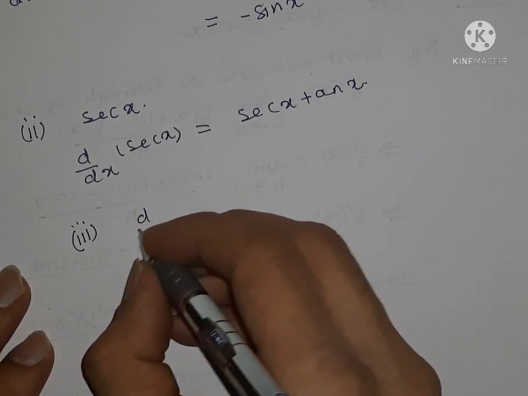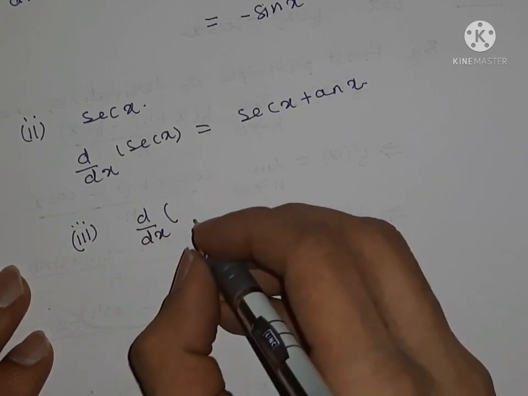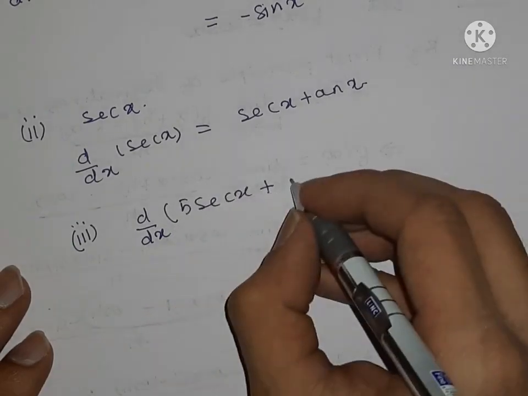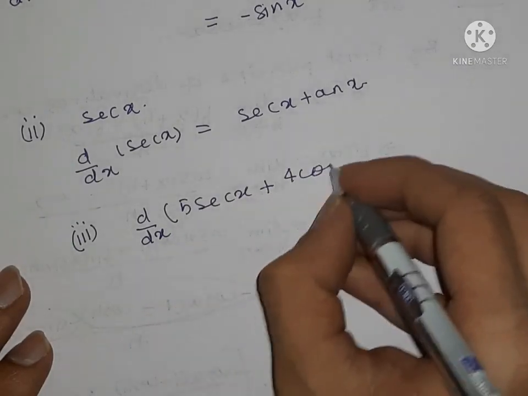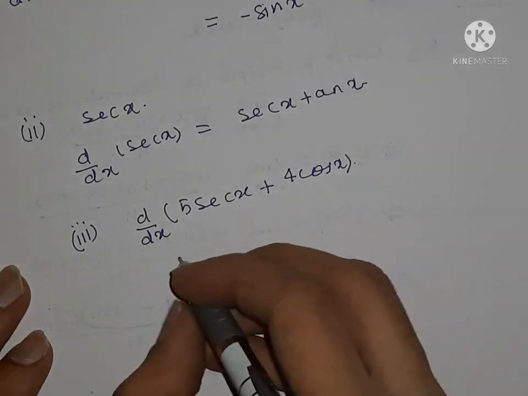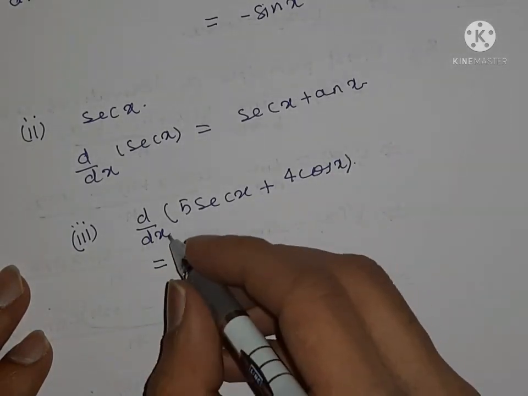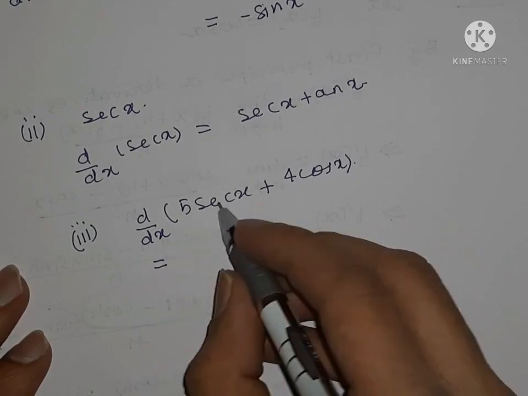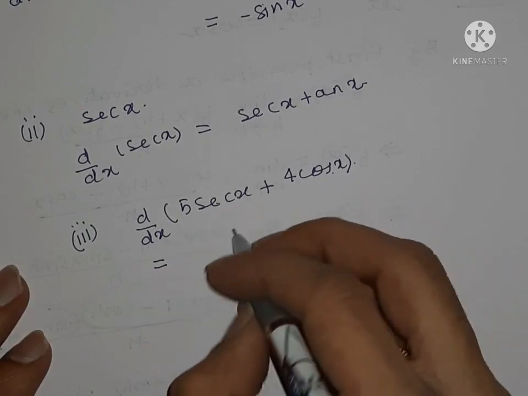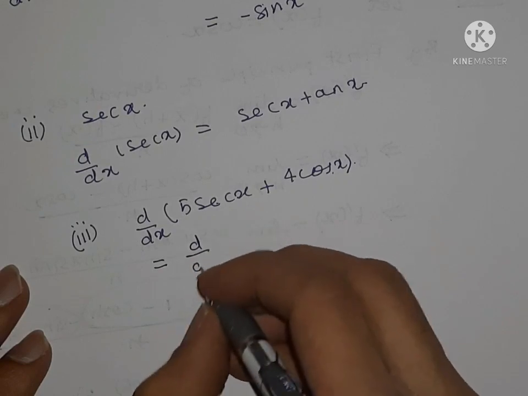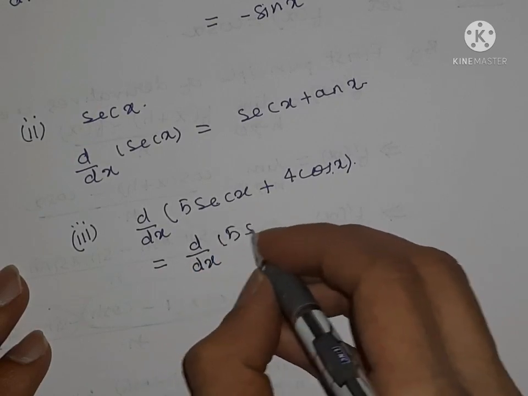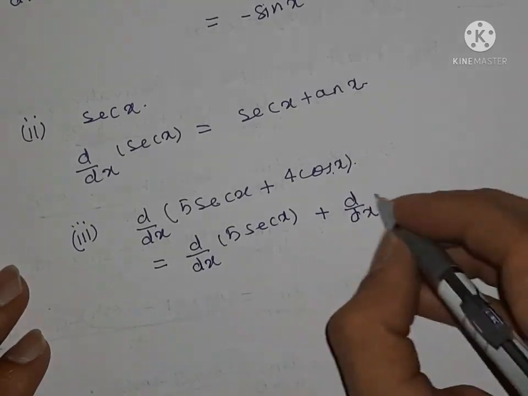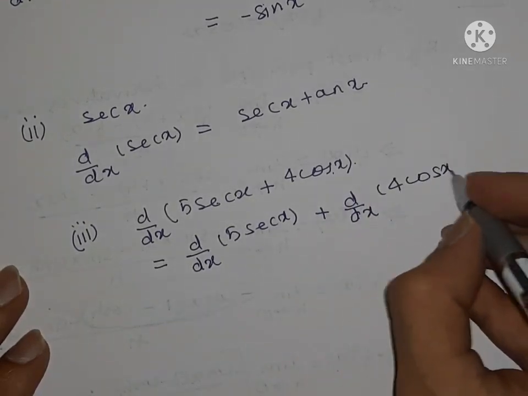So derivative of, the function is given as 5 sec x plus 4 cos x. Okay, this will be equal to what? Now by algebra of functions property 1, this derivative can be split into these two functions. So derivative of 5 sec x plus derivative of 4 cos x.